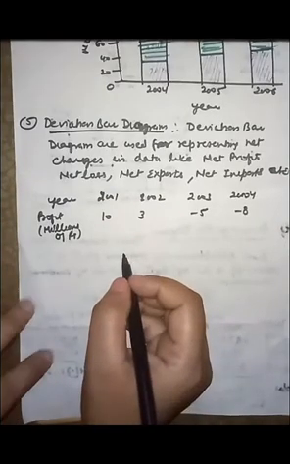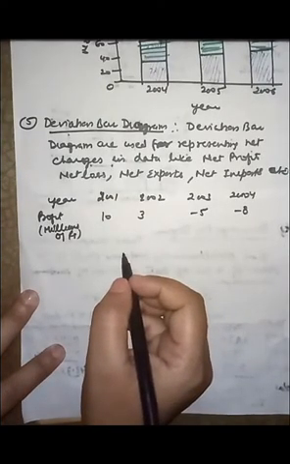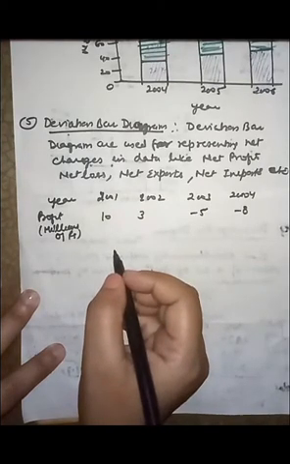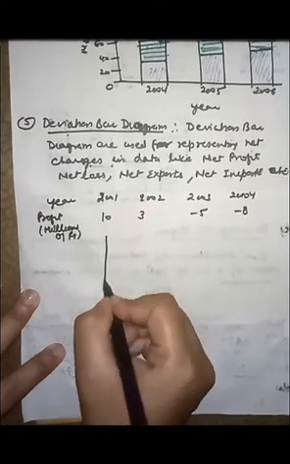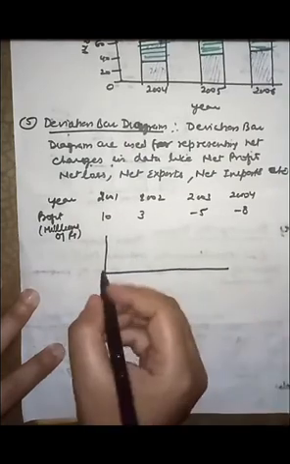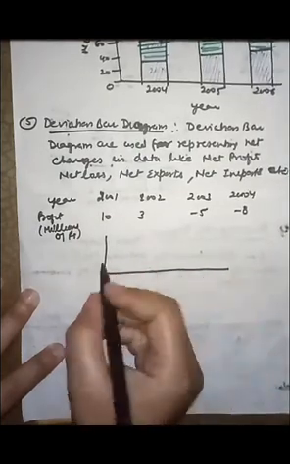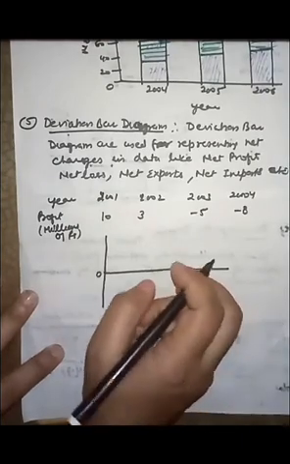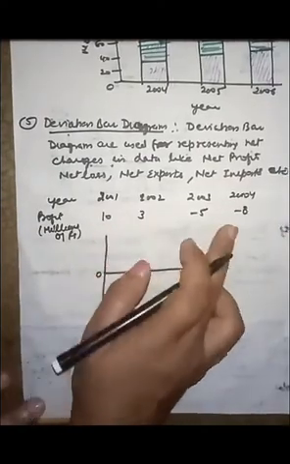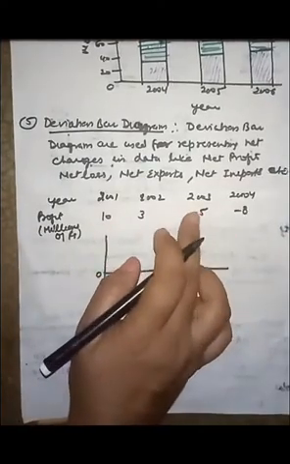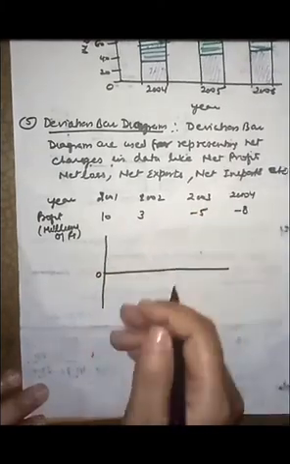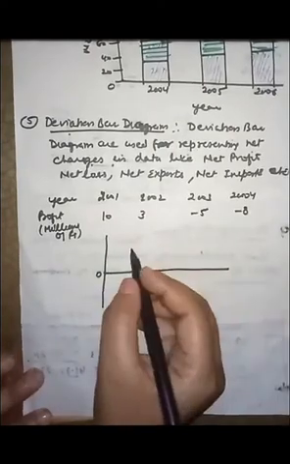Now we draw the millions of rupees. Take this horizontal line as a baseline. If you want to show the profits on the upper side, these show the profits, but here the profit values are -5 and -8, so you can take the negative values downward from the baseline, right?